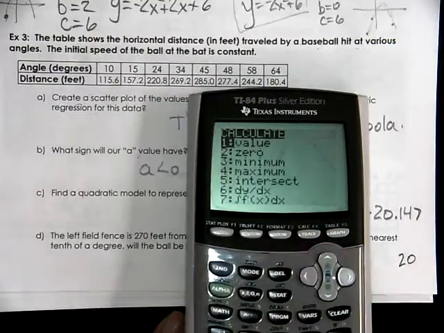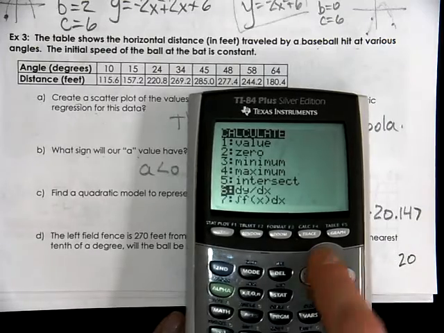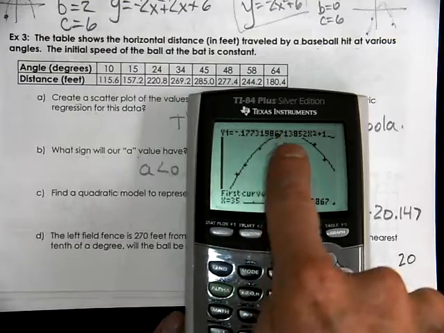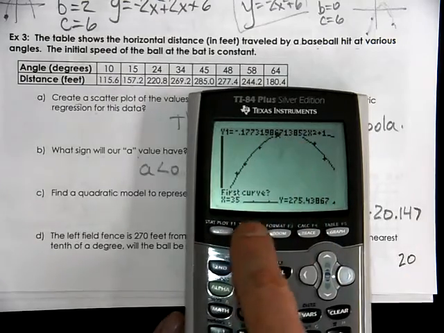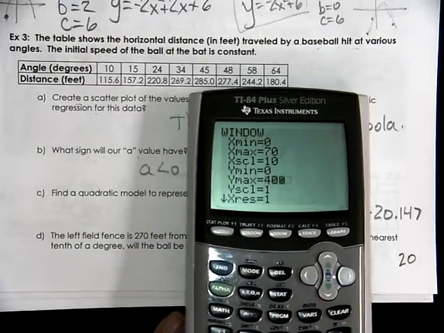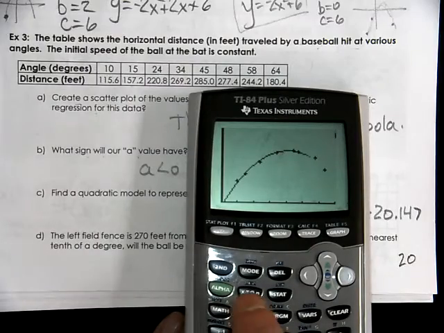So we're going to do second trace. We're going to look for the intersection of those two. Your first curve, it's a little hard to see right now, so maybe I need to make my window go up even higher for my y max.